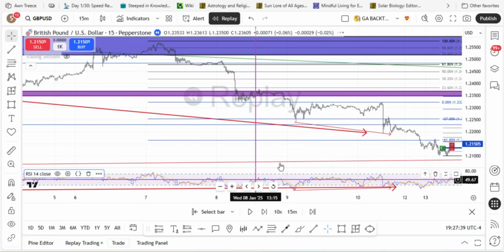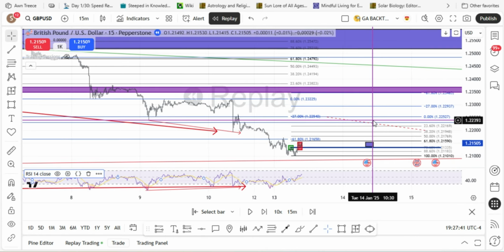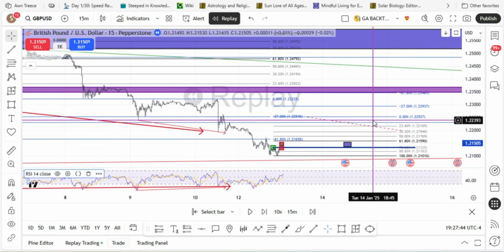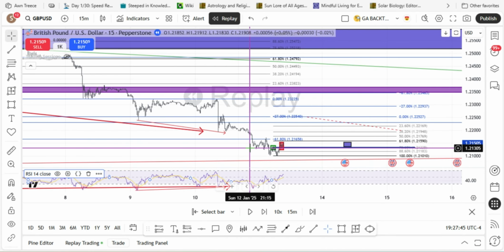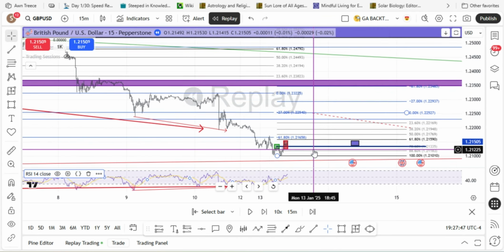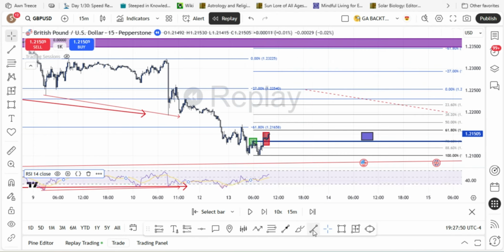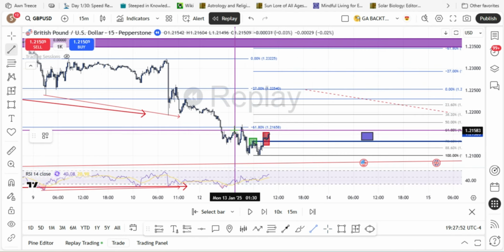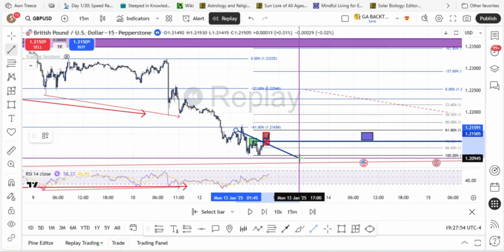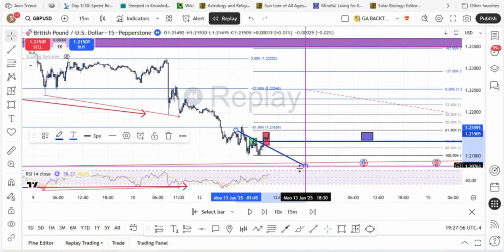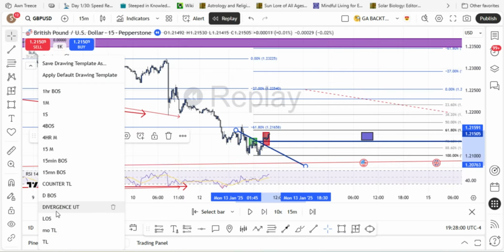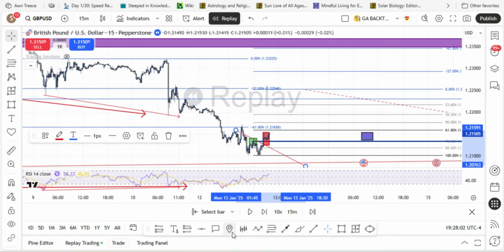Let's go back here and see how to identify that. Okay, there's a little minor divergence. Maybe there's, all right, let's see what happens here.